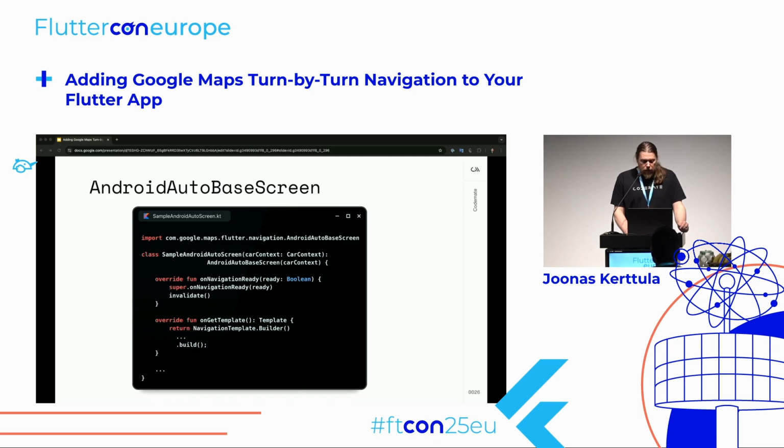So it's quite simple to do those templates. Extending this base screen is fairly simple, and there is a way to call the native Flutter layer from the Android Auto base screen, and there's support for that.